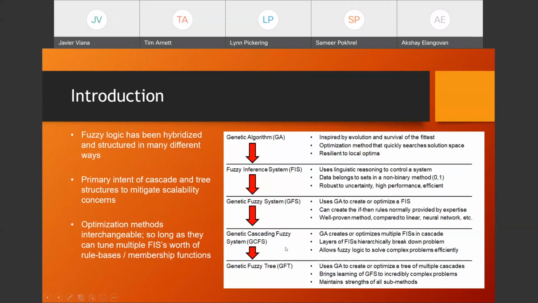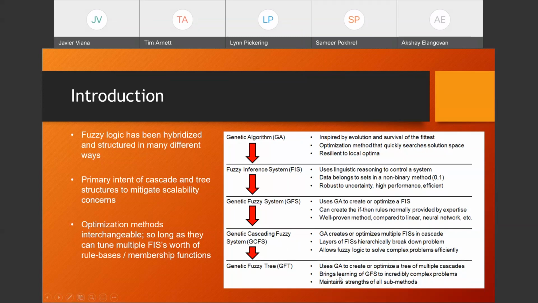And so what you do here is, let's say you have 10 inputs, 10 variables that you care about. Instead of creating a single FIS, you may create a cascade of FISs where you have one FIS that feeds into the next and combines with a couple more inputs, et cetera, until all inputs are accounted for, but each individual FIS only has a few inputs.